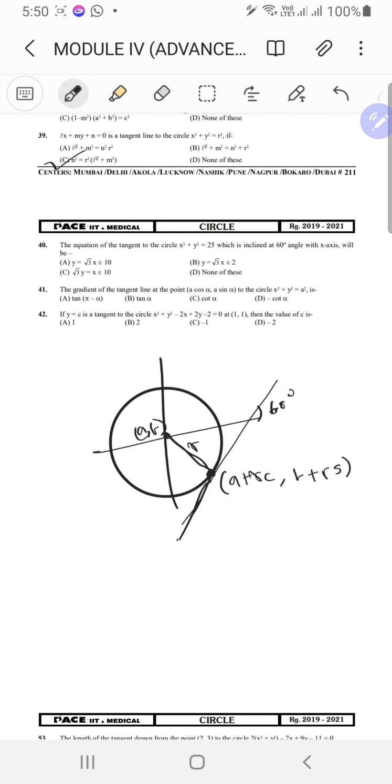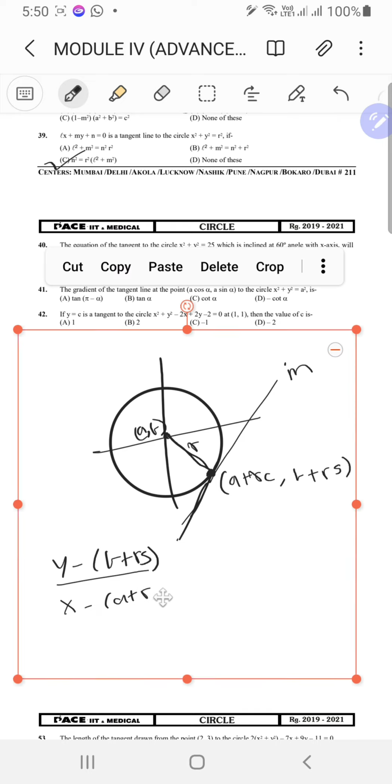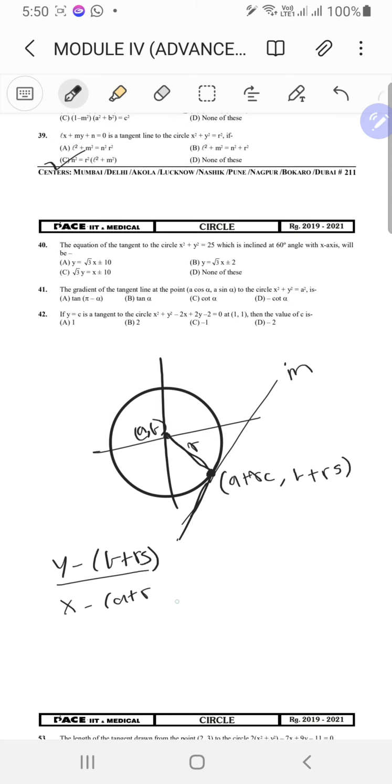Then actually it's not necessarily 60 degrees. Let's just say it has slope m, right? So now it should be easy. So y minus the y-coordinate, over x minus (a plus r cosine theta), into, that is this slope, which is m basically.